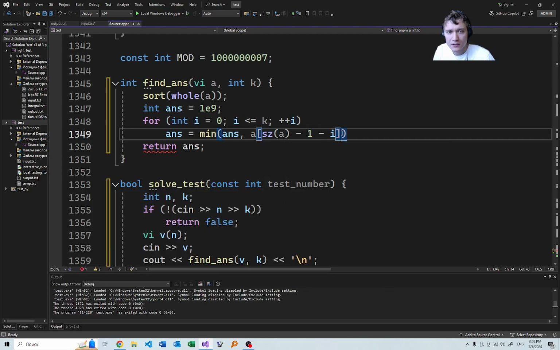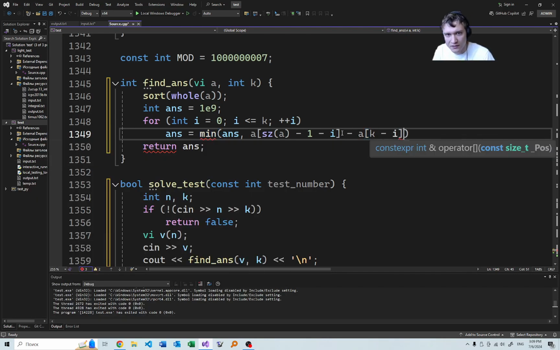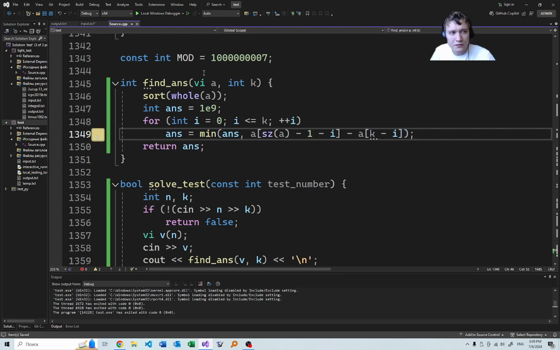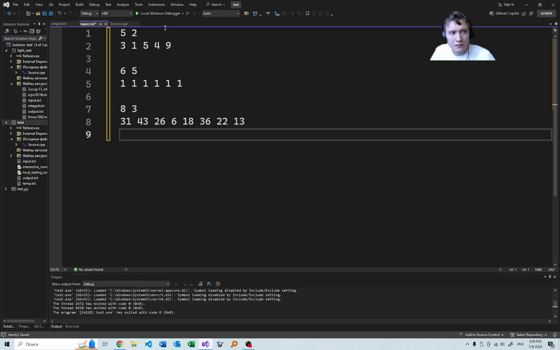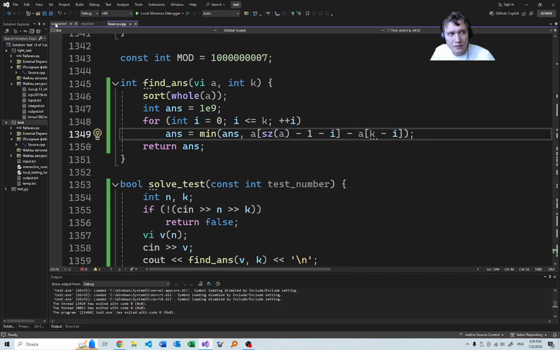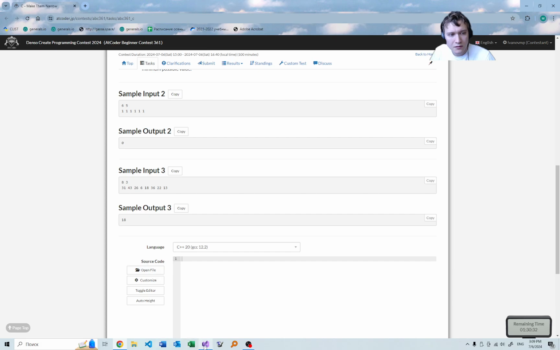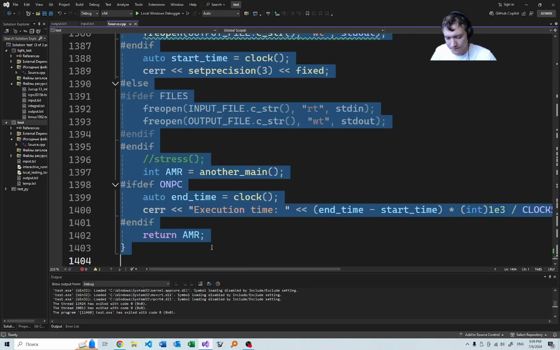If i equals 0, then we removed nothing from the end, but then we need to remove k elements from the beginning. So like this. Good. Yeah, this is probably it. Perfect.